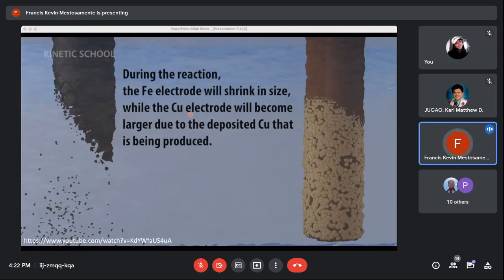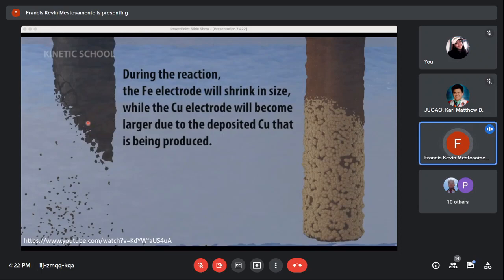So pag i-compare natin sila sa mga iron, carbon, steel, yun naman yung much lower nobility. And pag sila nagkadikit, let's say the similar contact or the similar metal corrosion, automatically, of course, yung iron, carbon, or steel, yung magiging ating anode.